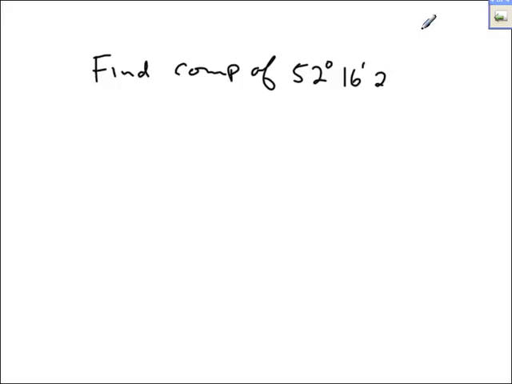But if you want to find the complement of the following angle, find the complement of 52 degrees, 16 minutes, and 22 seconds.